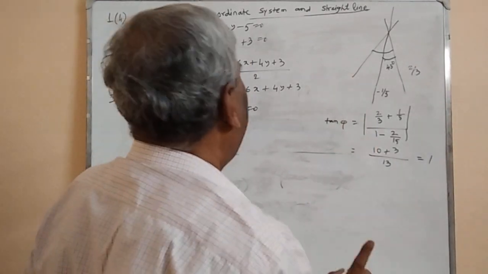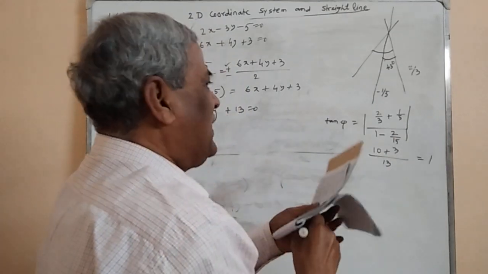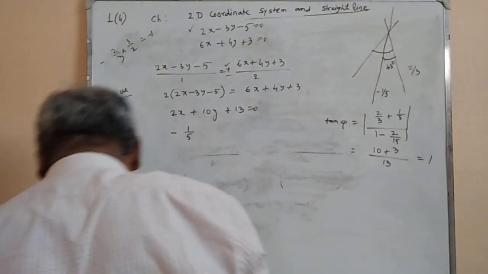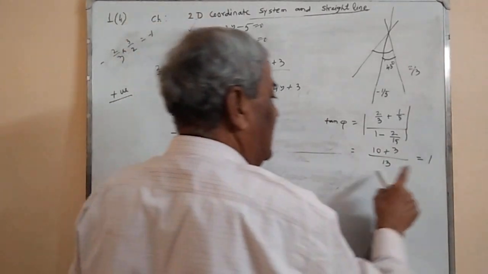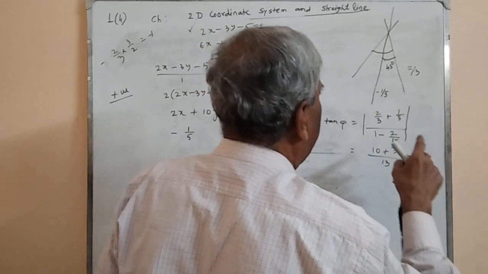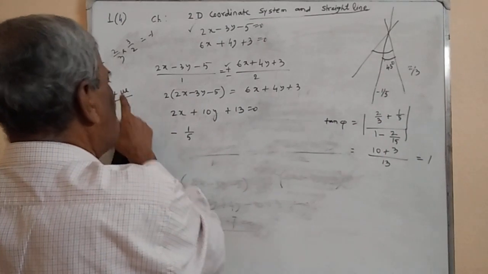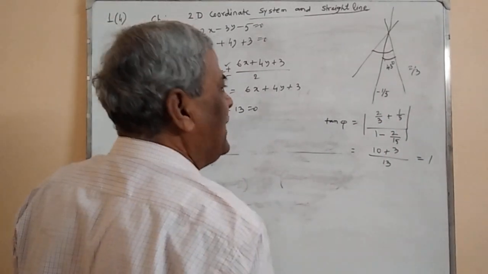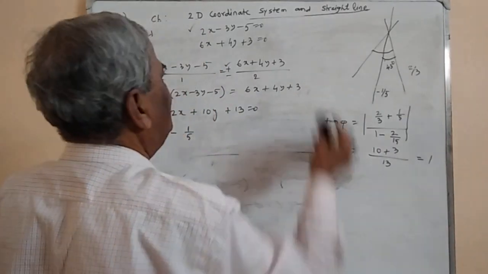So we have to choose another set of straight lines. Later on I will tell another problem. The process I told you: if it is less than 1, then I can say that the equation of the bisector corresponding to the positive sign will be the bisector of the acute angle.